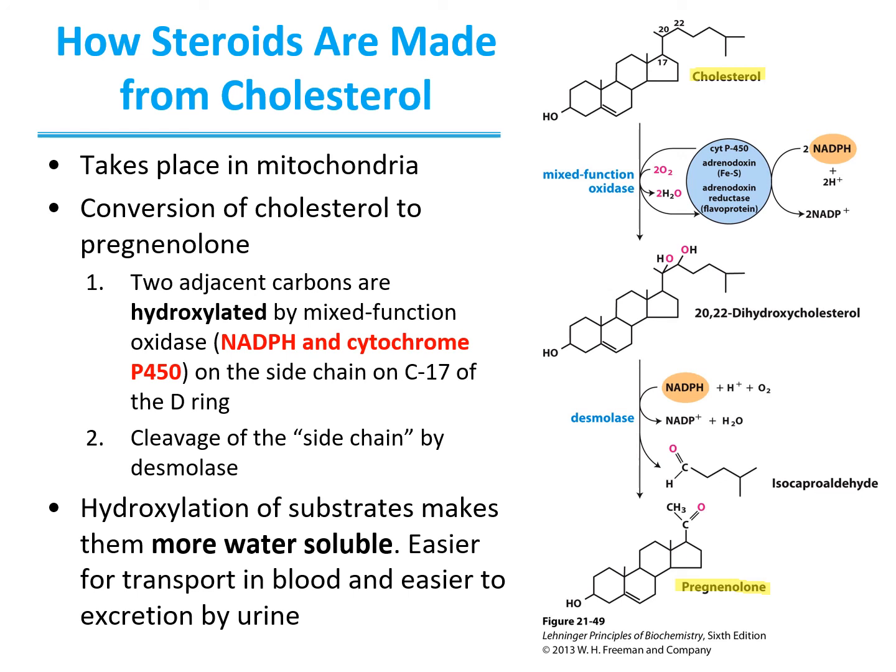Two important enzymes are here: mixed function oxidase, which converts cholesterol into dihydroxycholesterol, and then desmolase, which is the more important of the two, converts dihydroxycholesterol into pregnenolone, and this is the rate limiting step of this whole pathway of converting cholesterol into the steroid hormones. And pregnenolone, to remember, is the precursor of all the steroid hormones.